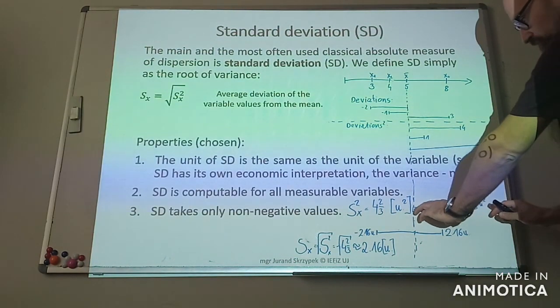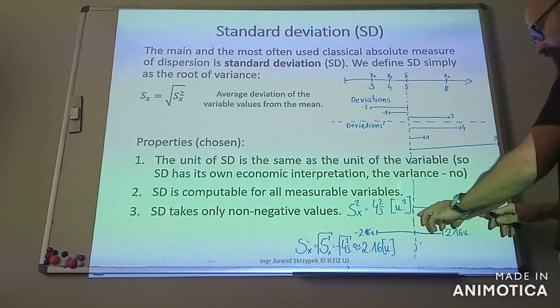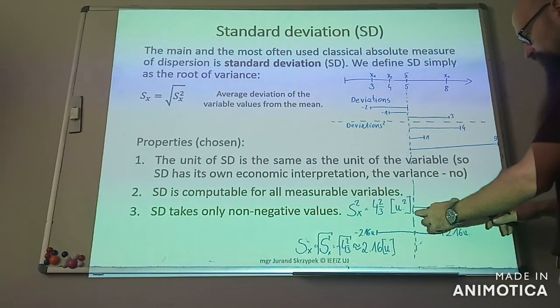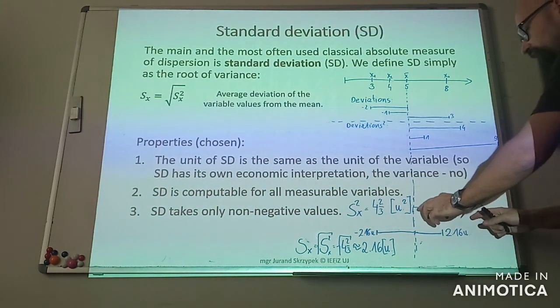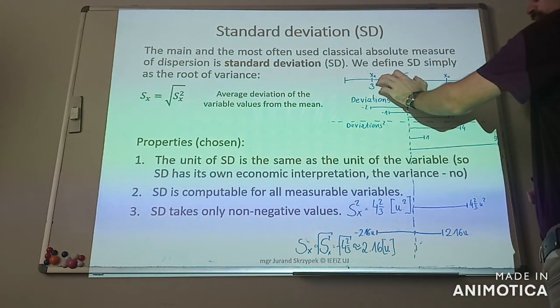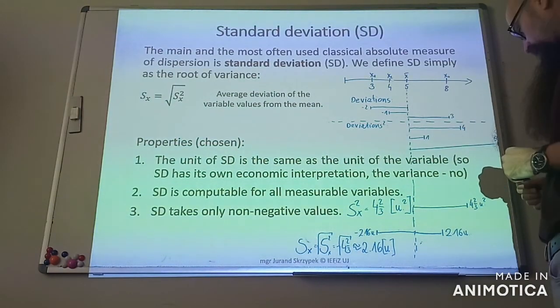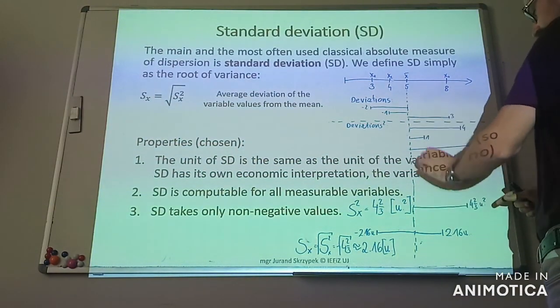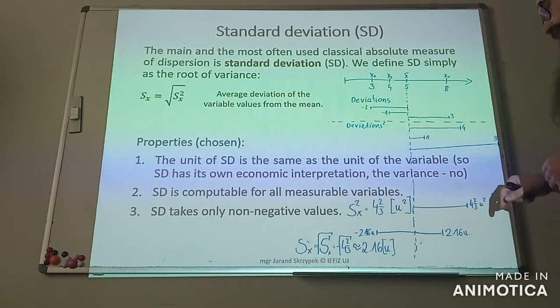And in the final step, in the variance computation, we computed the average squared deviation, the average squared distance between the variable values and the mean. And that average squared distance is 4 2/3.